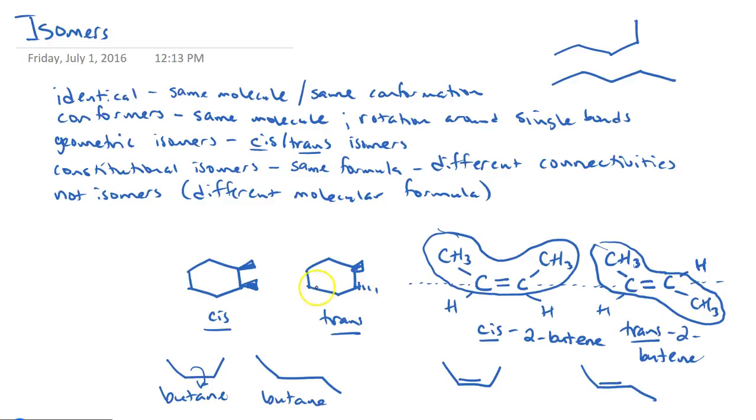These cis and trans have the same connections, right? They're both methyls, they're on carbons 1 and 2, so the connections are the same, so you can't call them constitutional isomers because they have the same connections. So that's more similar than constitutional, which have different connections. And then finally, if they don't have the same formula at all, they're not isomers. I titled this worksheet isomers, but really the only ones that are really considered isomers are these two. So maybe it would be better to title it relationships between structures.